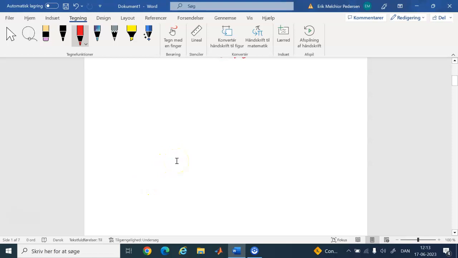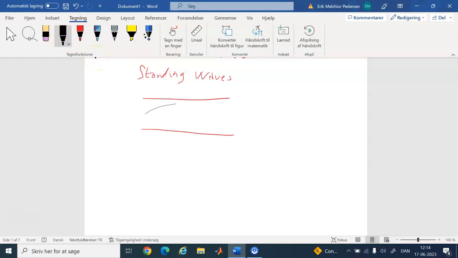I will talk now about standing waves in an open cylinder. We have an open cylinder, and the pressure should be 0 at the end. And here's the motion.